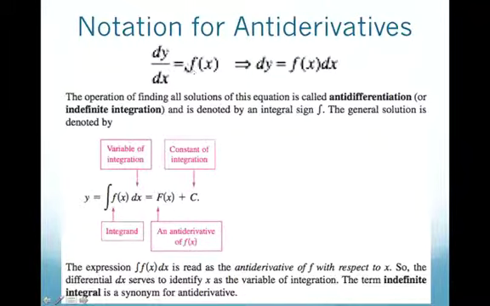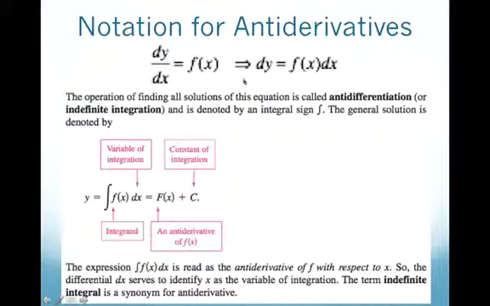So if it's a rate function, I have y that's changing when x changes. So what we're going to do is move this dx over to the other side. And the reason for that is, now we have this function that's changing with respect to x, and we want to find what the original function is.